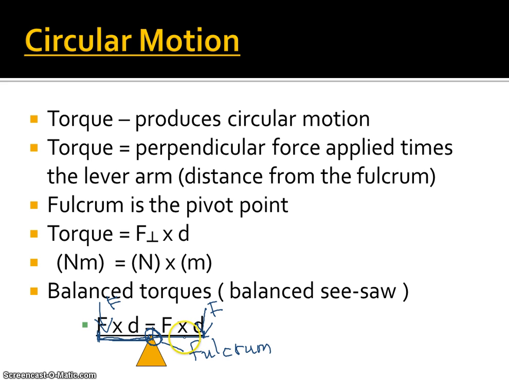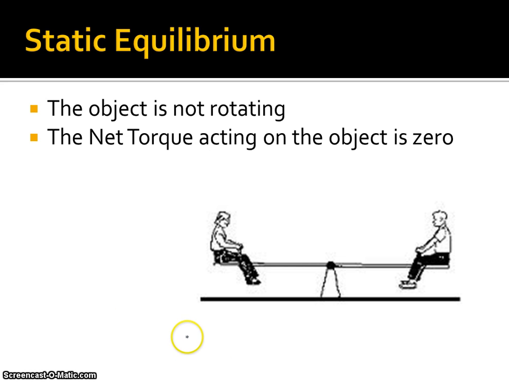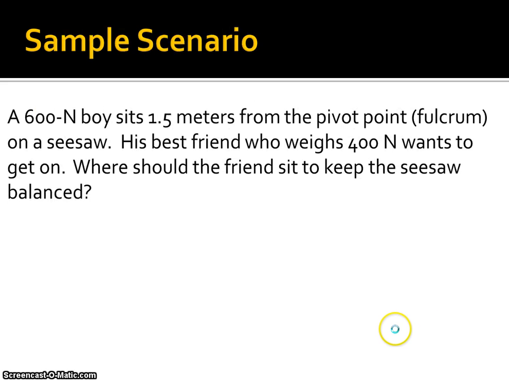Let's take a look at an example. So if this child's torque is equal to this child's torque, then we won't see anything happening. So if the torque on the left side is the same as the torque on the right side, nothing really happens. So let's look at what that might look like mathematically.